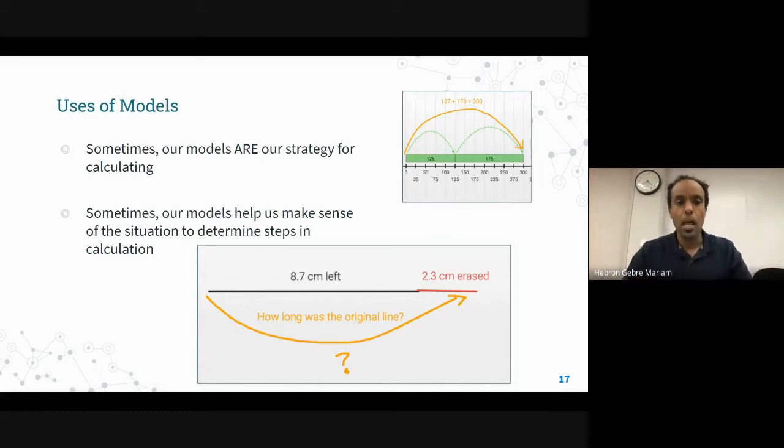Other times, models help us make sense of a situation to determine what steps we're going to choose, what tools we're going to pull out, what calculation strategies we're going to use. So it's important students explicitly experience and practice both types of models. If it's too one-sided, they don't apply it to either side. They're missing some tools in their toolbox.